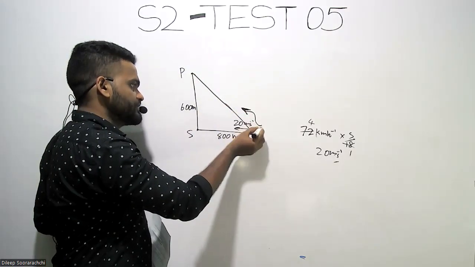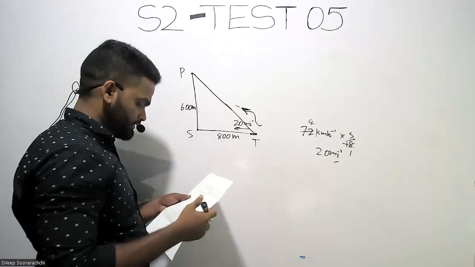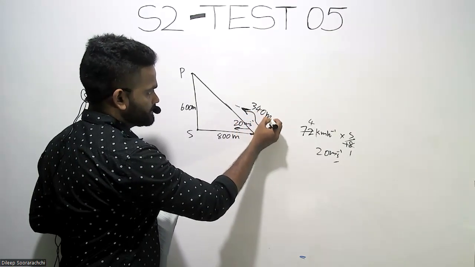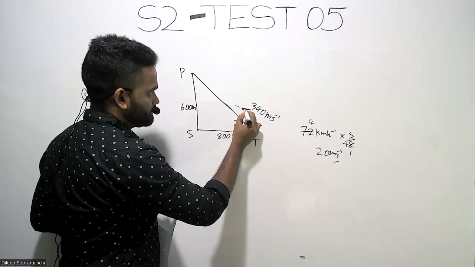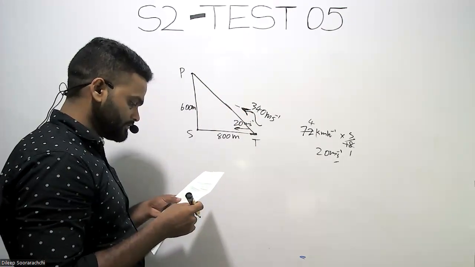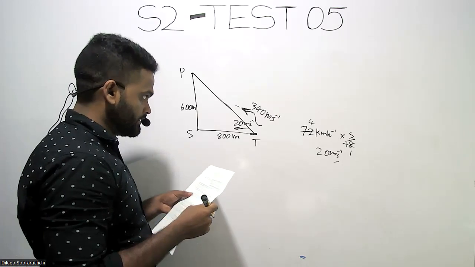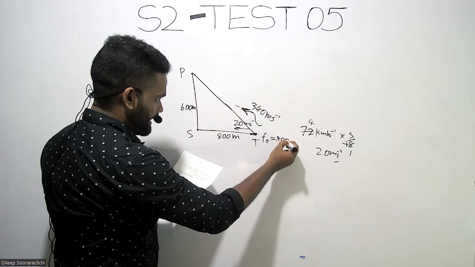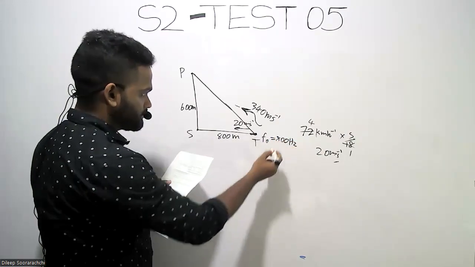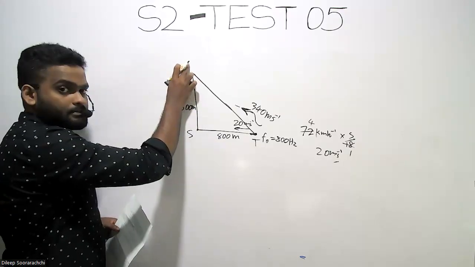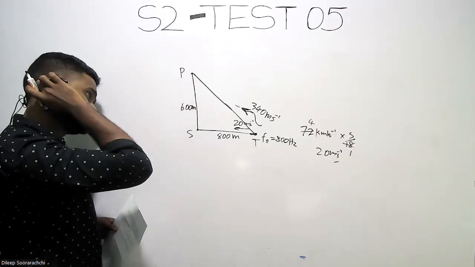We only need this wave. So that sound wave has velocity 340 meters per second. This is the velocity of sound towards the man. And the actual frequency, real frequency, is given as 800 hertz, that is f naught. So what they ask is the apparent frequency heard by the man.